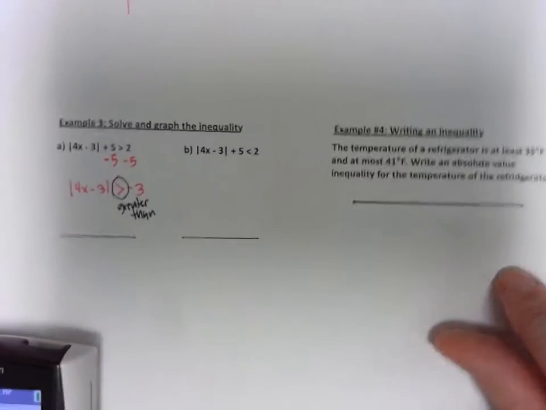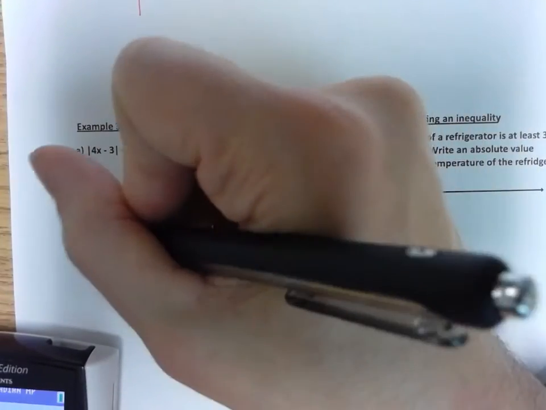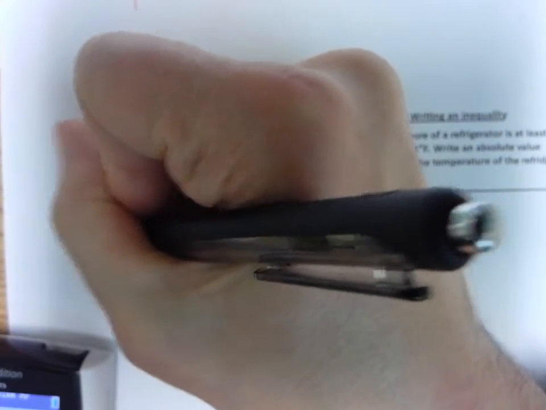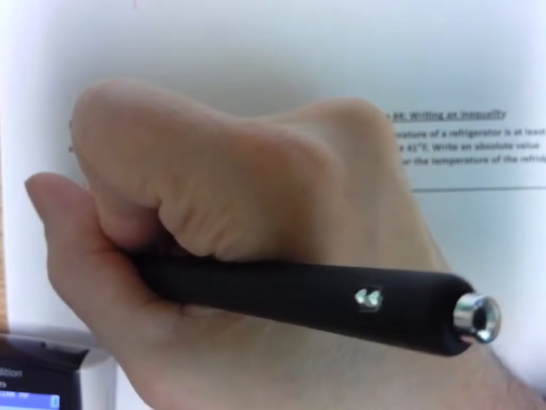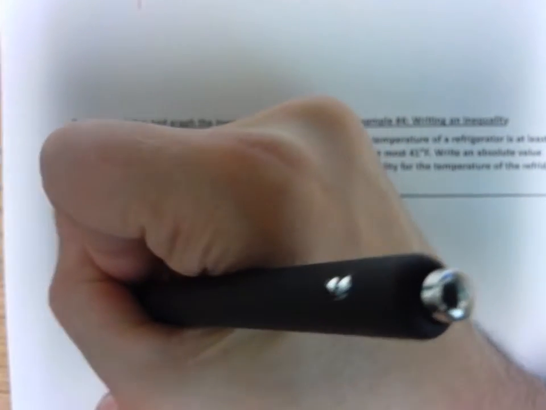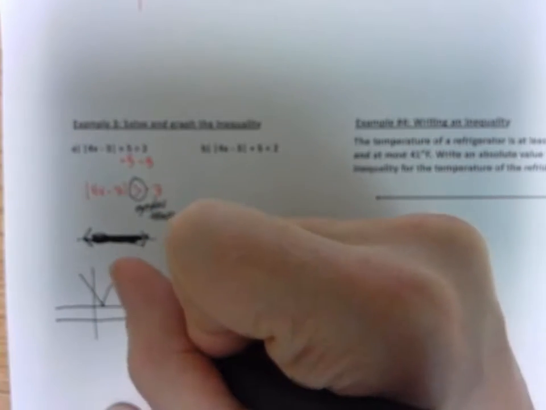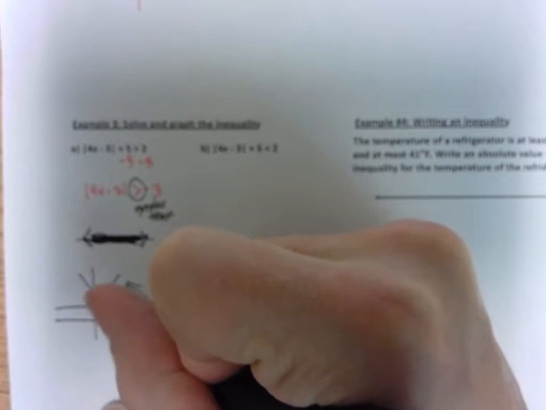So how does that work? What do I write? I don't know what numbers to put, but basically all of it. The whole number line is my solution. So the whole graph is above the line.